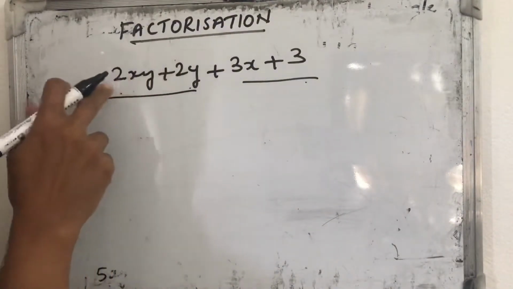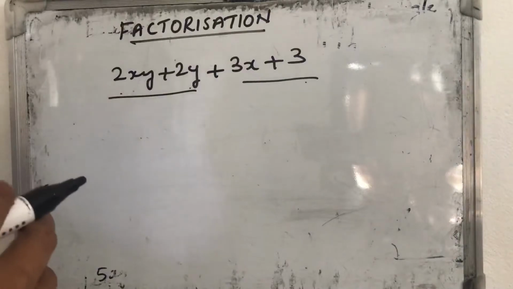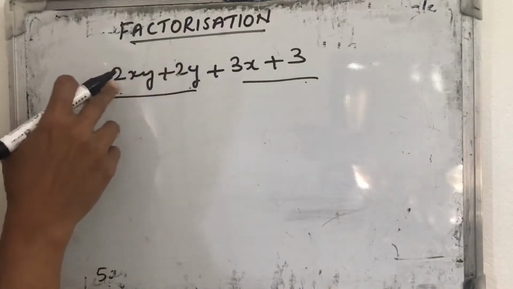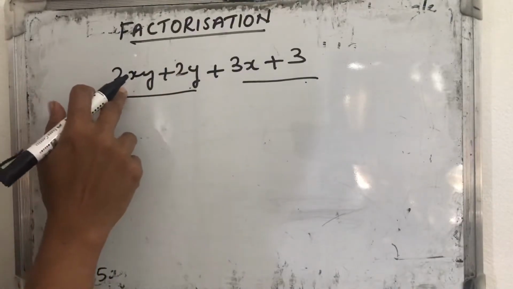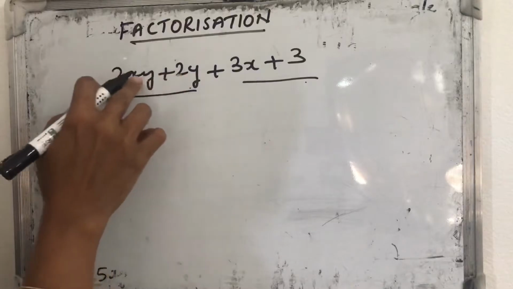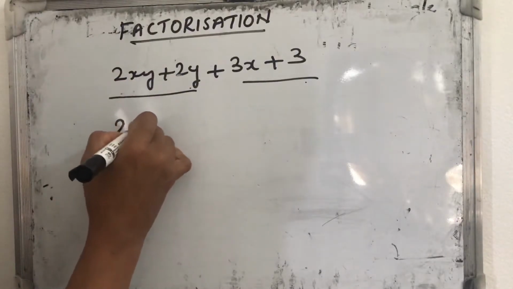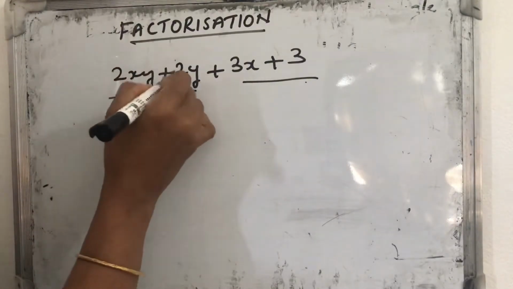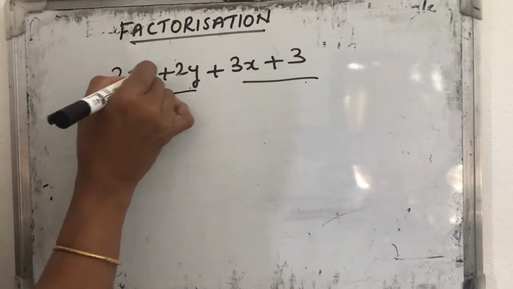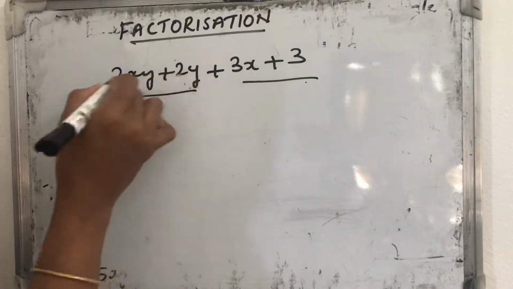Then in these 2 terms you can find common factors. Not only one common factor, 2 common factors are here. 2 is common and one variable is also common in these 2, which is y. So 2y is common in both terms.